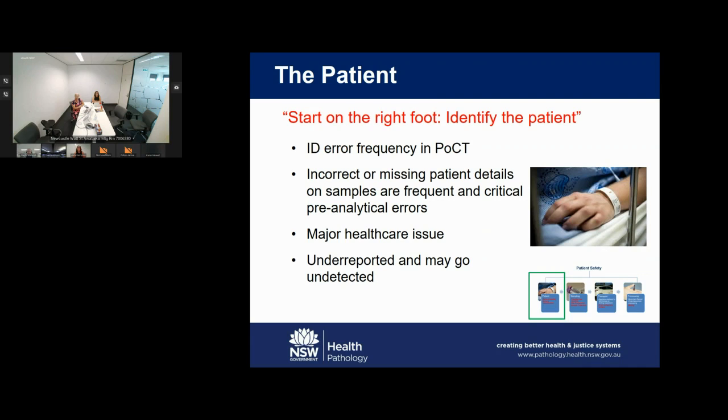If it's undetected in the case of a similar result to the previous, or if there's no previous result, there is no way to know that that result is erroneous or inconsistent with that patient's clinical presentation. So it's really important that you identify the patient.